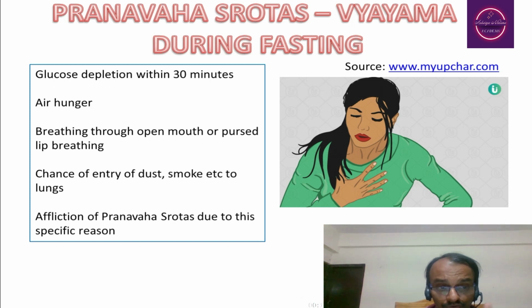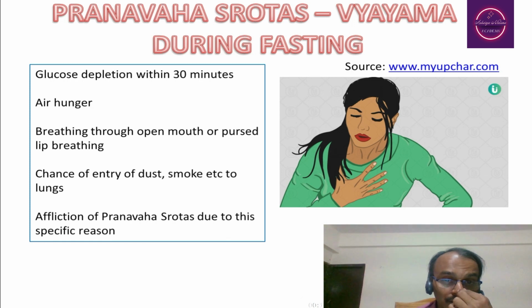And whenever a person is doing exercise, the immediate effect will be air hunger. The person will be breathing not only through the nose, but also through the open mouth, and sometimes even pursed lip breathing may be present. When a person is breathing through the open mouth, there is a chance of entry of dust, smoke, etc. to the lungs, because it is bypassing some of the filters.